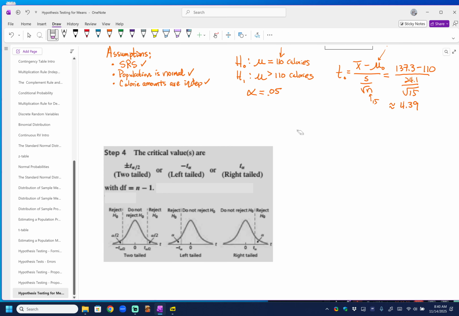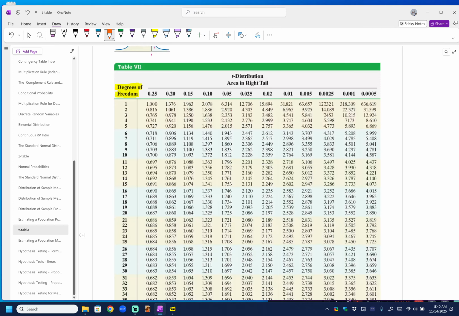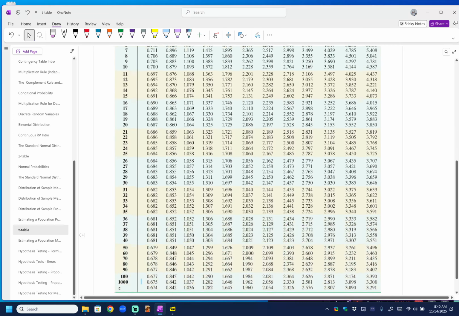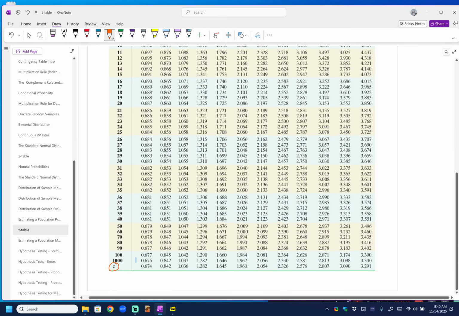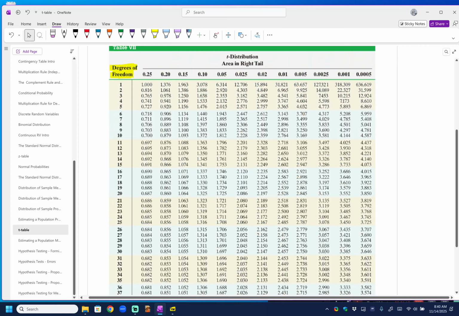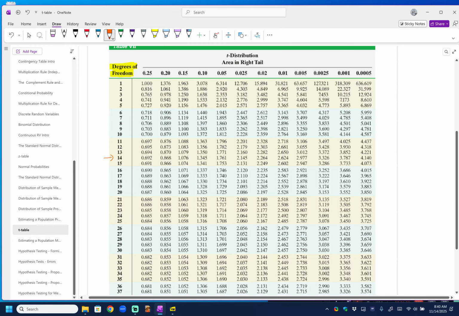One thing we are going to take note of here is, because we're dealing with t, we're back in the world of degrees of freedom. So when we go to the t-table to pick our critical values, when we did so for the proportion test, we were on the bottom row because we were dealing with z. Now we're dealing with t's, so that means our degrees of freedom are going to come in, and we're going to be using all of the values in the body of the table in order to find our critical value.